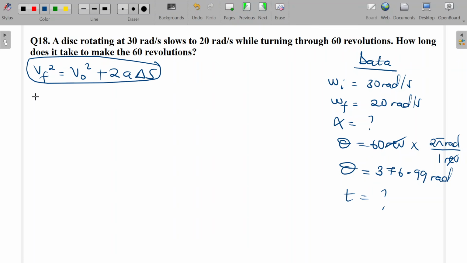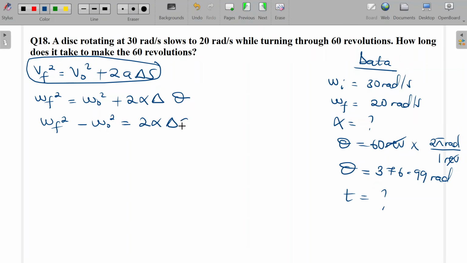So in angular motion, you're going to have omega final squared is equal to omega initial squared plus 2 alpha change in theta. Here we are finding the acceleration. So you take this one this side: omega final squared minus omega initial squared is equal to 2 alpha change in theta.